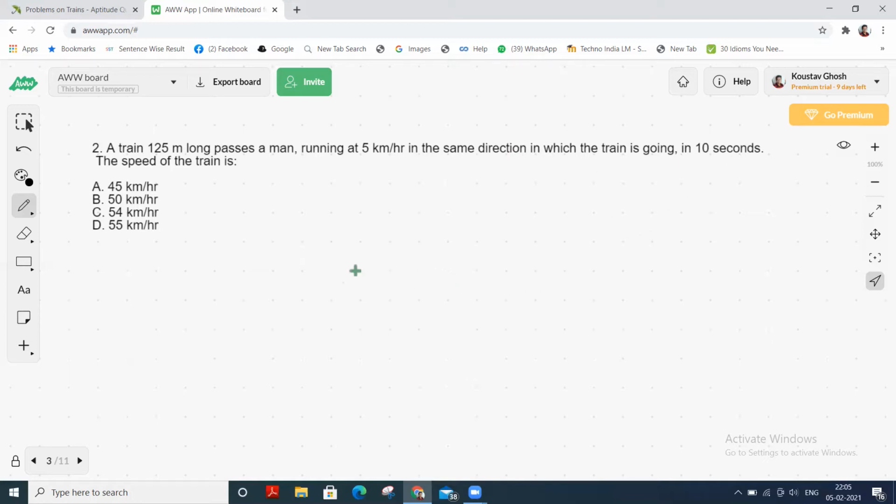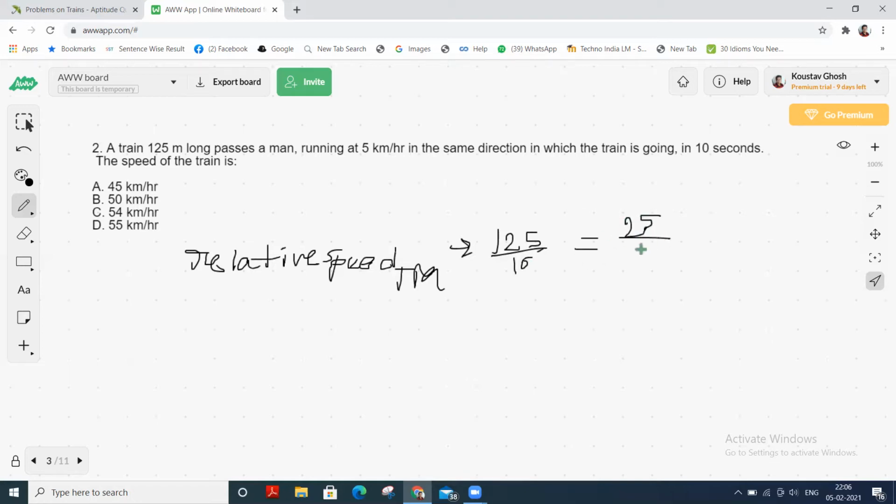The relative speed of the train to the man is 125 meter per 10 seconds, that is 25 by 2 meter per second.